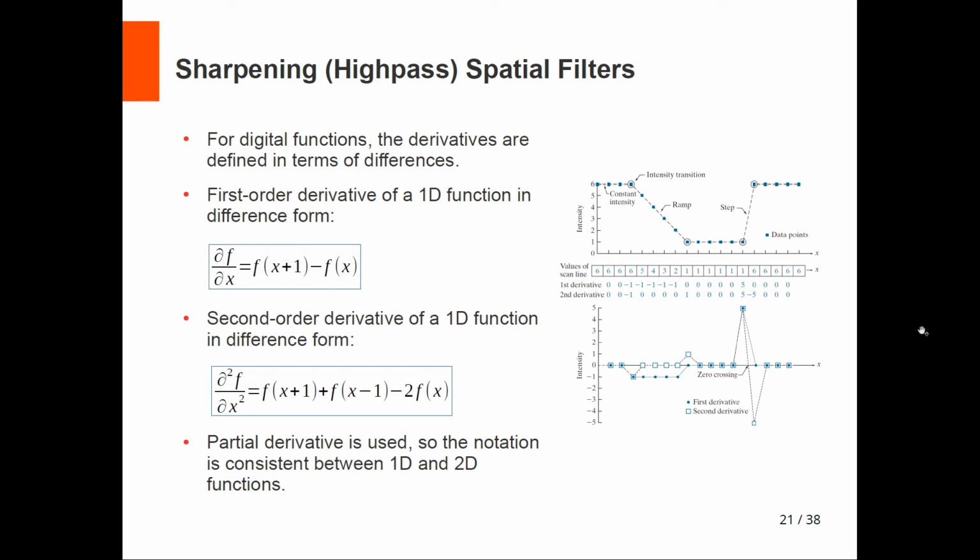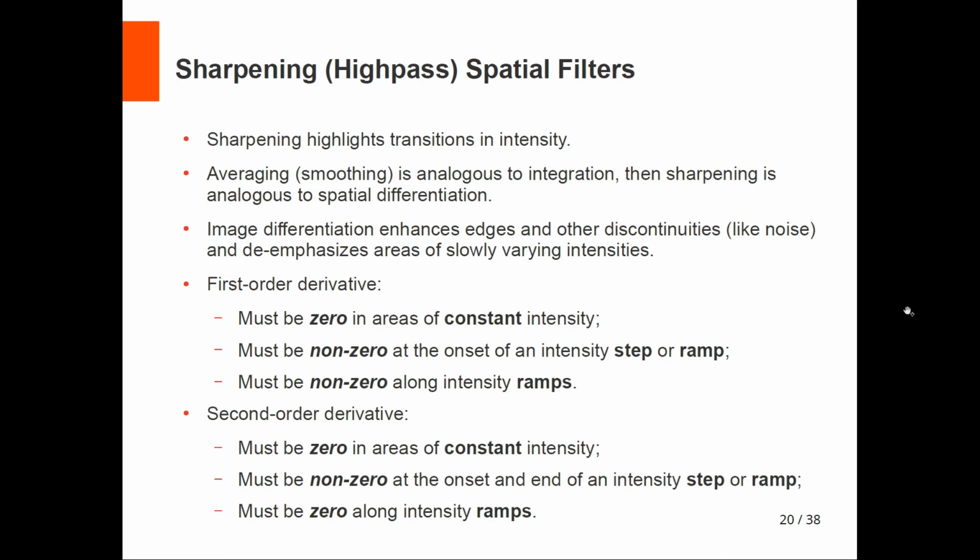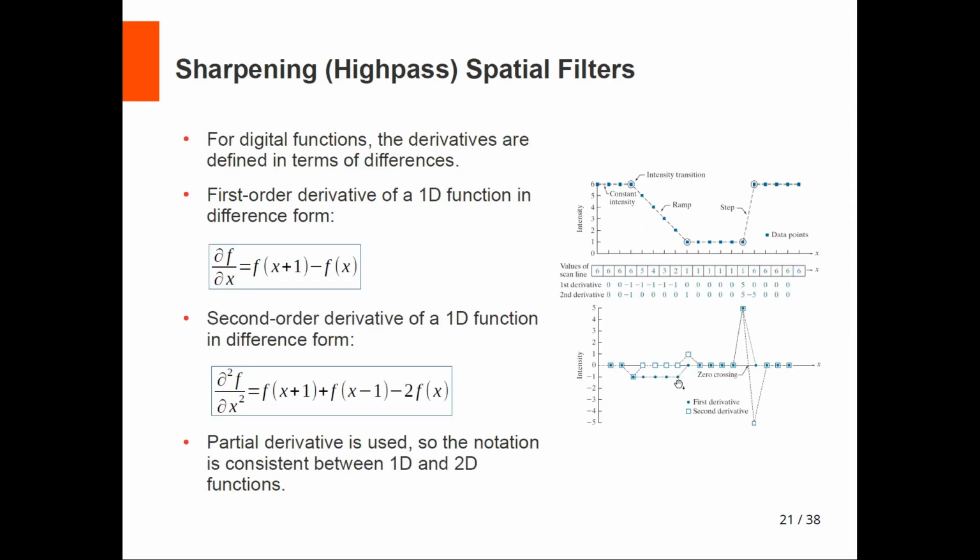We said that the first order derivative must be non-zero at the onset of an intensity step or ramp. So let's just see if this is true. So this is the onset of the intensity ramp, and as you can see, the first derivative is non-zero. Here again, we have this pixel for which basically we have a change in the value of the first derivative.